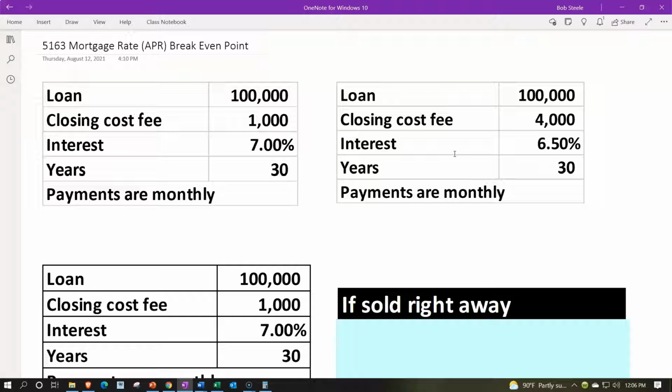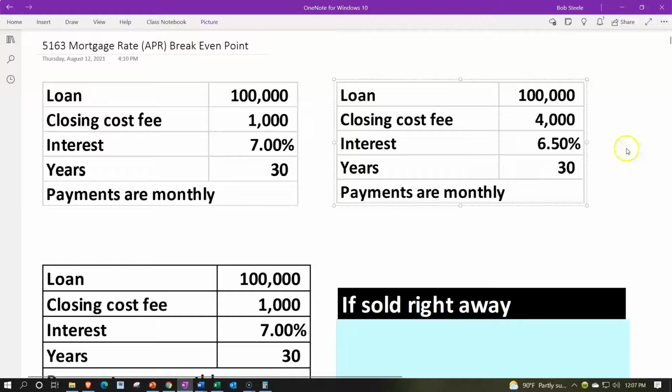So our comparison is purposely going to be set up where the APR is going to be less for this one over here, meaning we have the higher closing fees, but the APR is going to be less because the interest rate is going to be less. And then you'd say, well, I'll pick this one. And then we have the caveat of unless you're going to be selling the home, you're not going to be holding on to it for the entire 30-year time period.